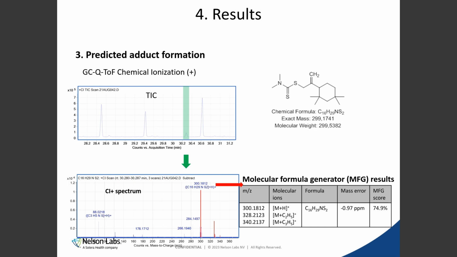That is then typical for the parent compound that you found. That's a better proof of the identification this way.